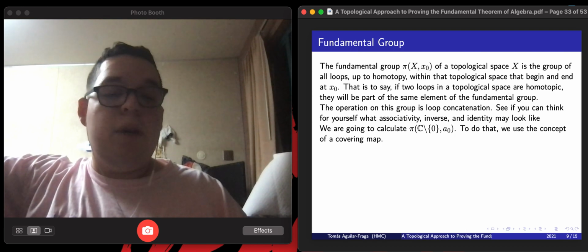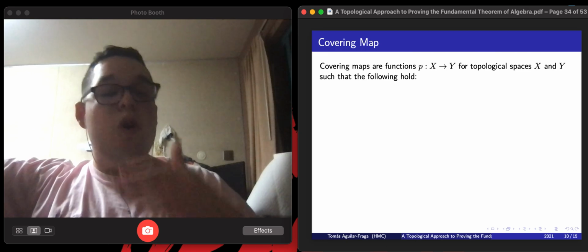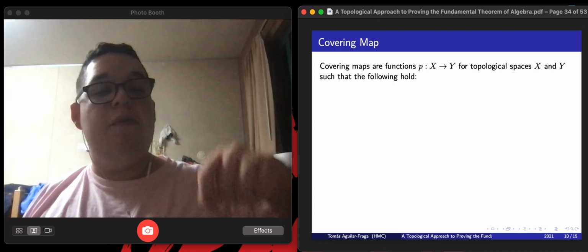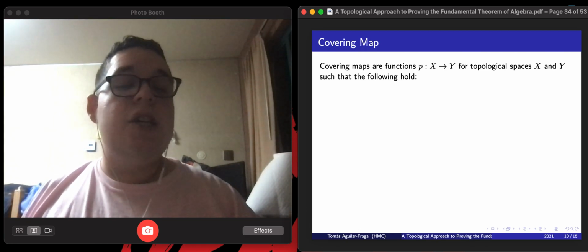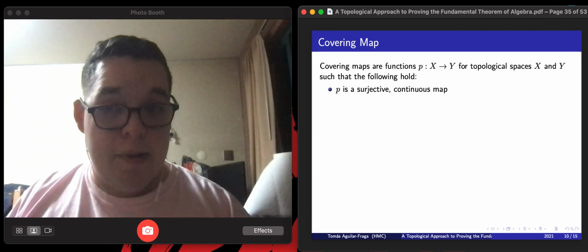To do that, we're going to use the concept of a covering map, right? So what's a covering map? Well, covering maps are functions P from two topological spaces, from X to Y, such that the following two things hold. P is a surjective continuous map, firstly.